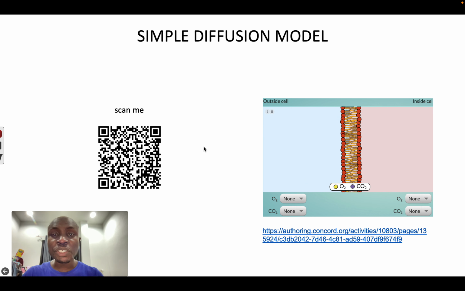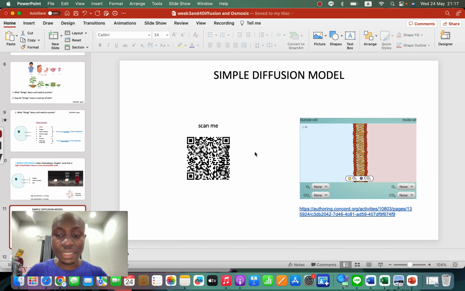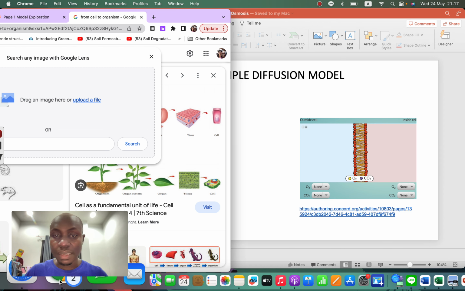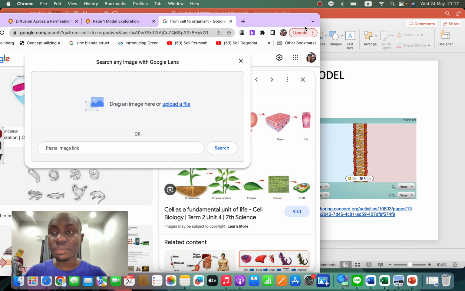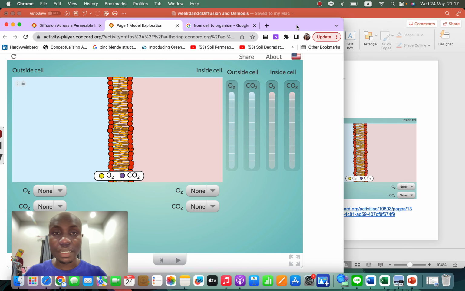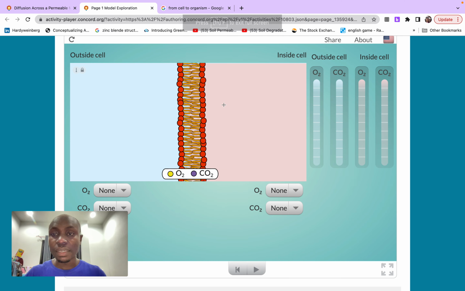Now let me show you a model of simple diffusion inside a cell. So this is the cell membrane, and this is outside the cell, and here is inside the cell.